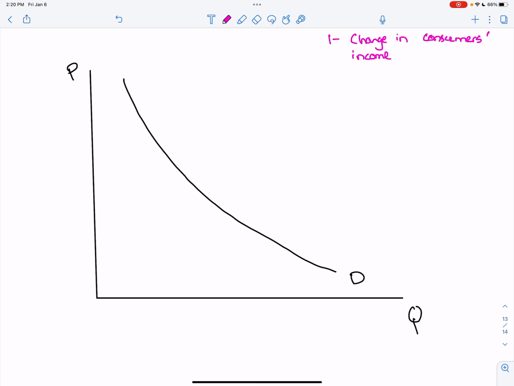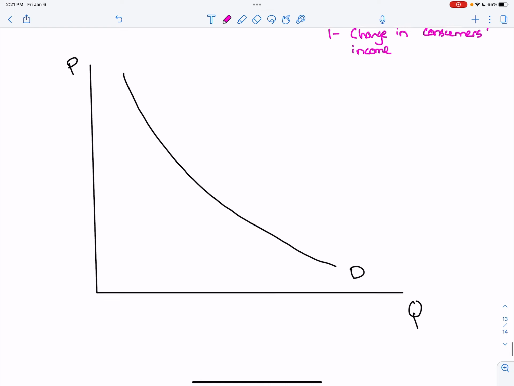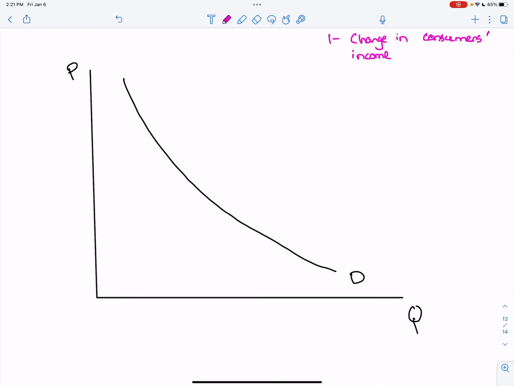What would happen if suddenly all the consumers got a lot poorer? Suddenly everybody's income decreases. Well, I think it's fair to say that at every price of this good, consumers will probably desire less of it.